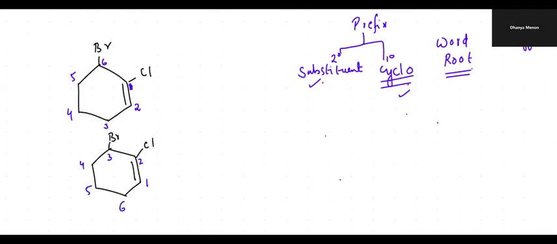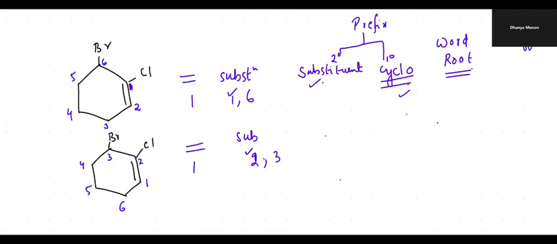So here, the double bond is given number 1, and the substituents are at the 1 and 6 positions. In the other numbering, the double bond is 1 and the substituents are at the 2nd and 3rd positions. Now the double bond is fine, but looking at the substituents, which one would you follow?